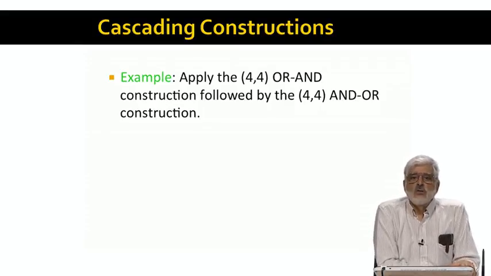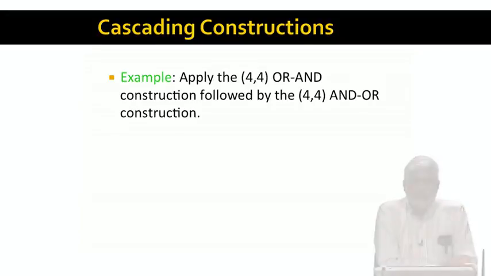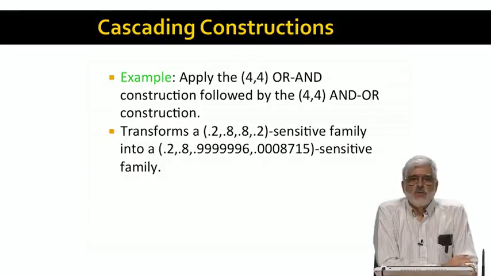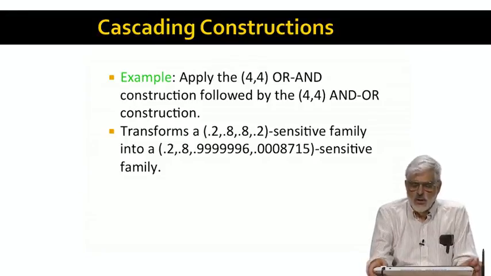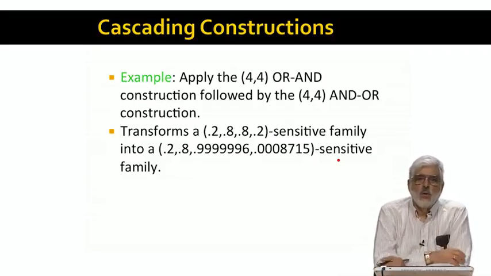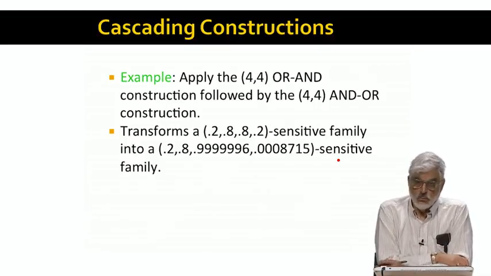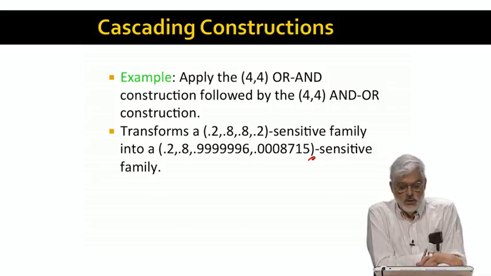Notice that each construction uses 16 of the original functions, so by cascading these two constructions, we use 256 min-hash functions. If you do the math, you'll find that it transforms the min-hash functions, thought of as a 0.2, 0.8, 0.8, 0.2 sensitive family, into this.